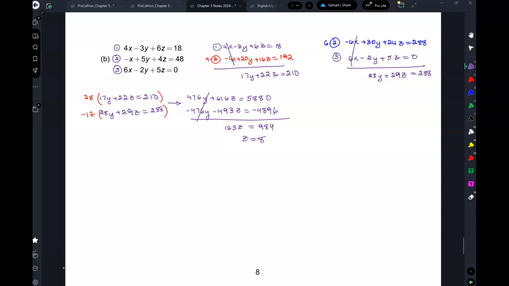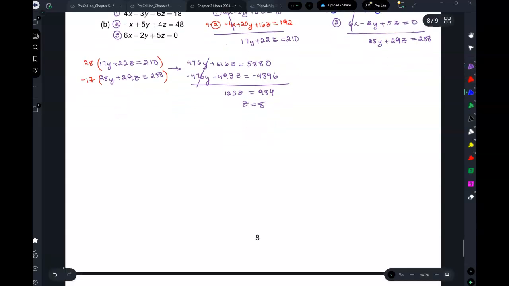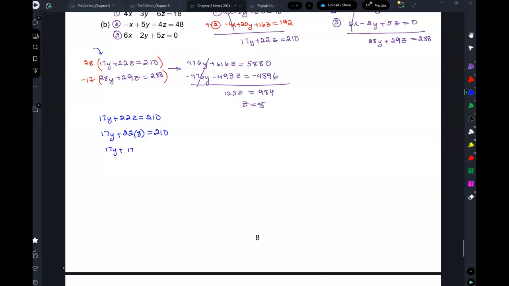Okay. So let's find y, right? I'm going to plug it into this first equation with the 17y. 17y plus 22z is equal to 210. 17y plus 22 times 8 is 210. 17y plus 176 is 210.